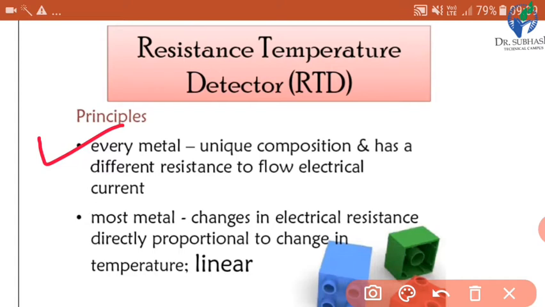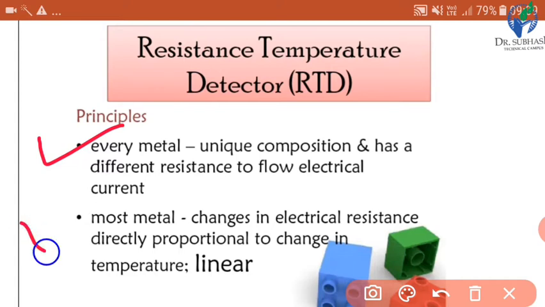So the conductivity of different materials is different. It means every metal or composition of metal has a different resistance, so different current can flow through that material.